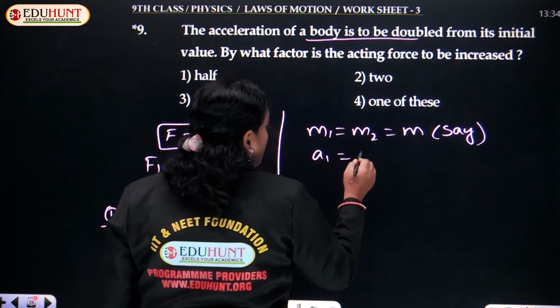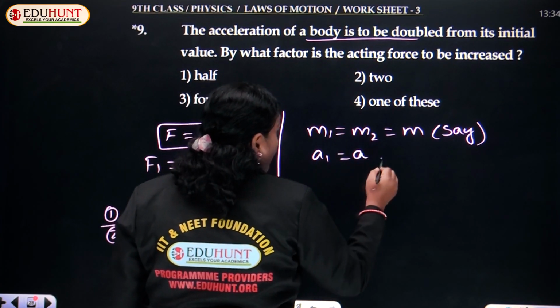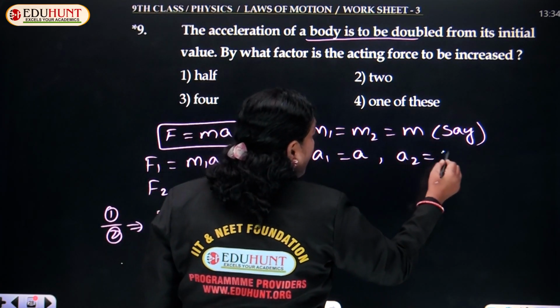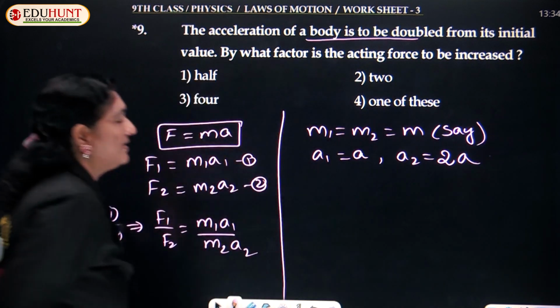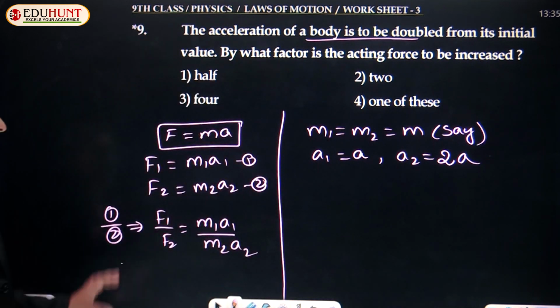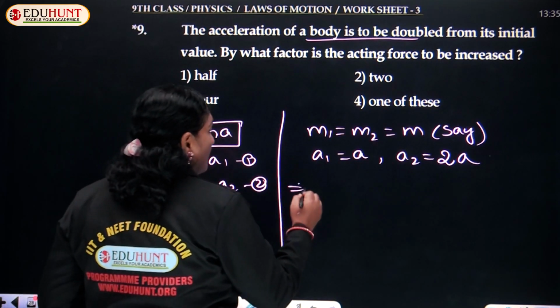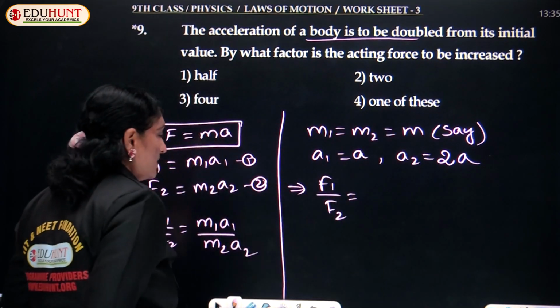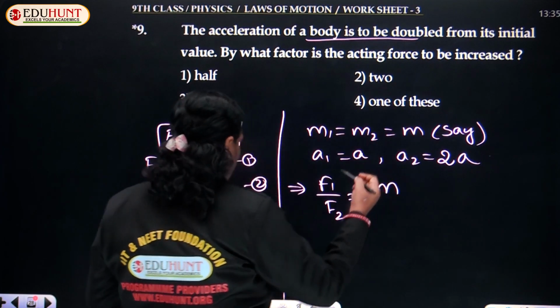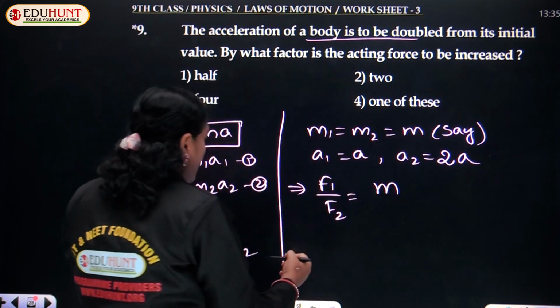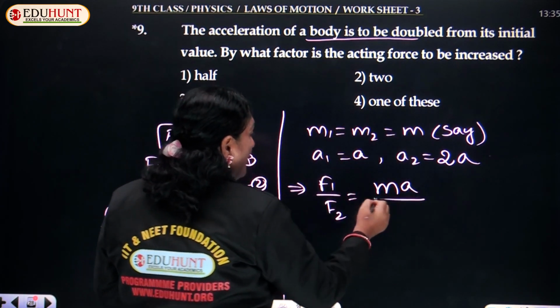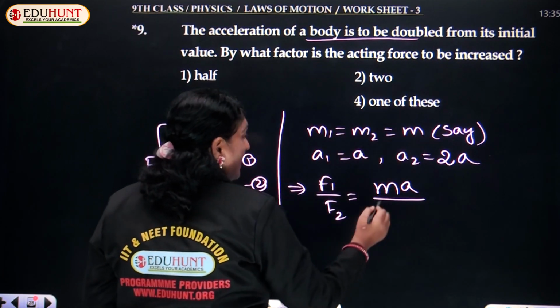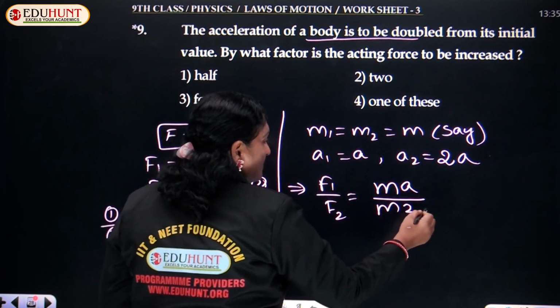If a1 is equal to a, then a2 will be double of that previous value, a2 will be 2a. Substituting all the values, the ratio of forces F1 upon F2 is equal to m1 taken as m, a1 taken as a, m2 taken as m, and a2 taken as 2a.